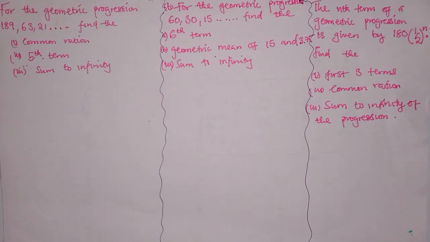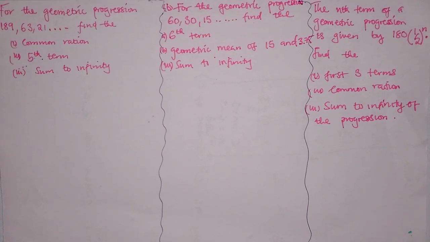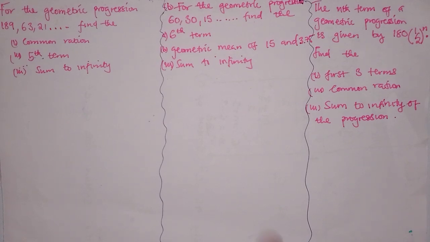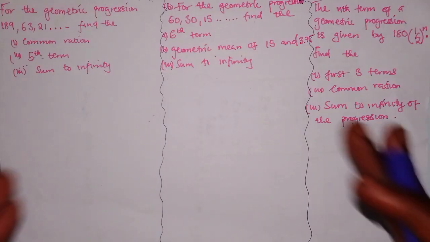In our second class, we are going to look at geometric progression, the type of series and sequence which you will find in paper 2. This is a compulsory question. Whether you like it or not, you have to solve it. And it is 7 marks.